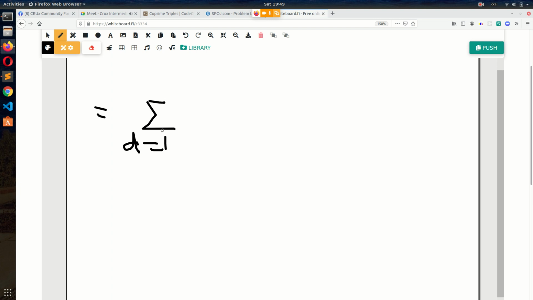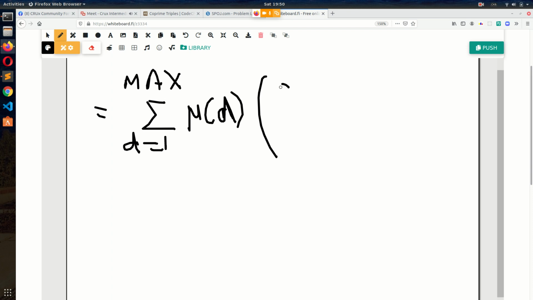So this is again d equal to 1 till max of mu of d multiplied by diff ct of d C3.